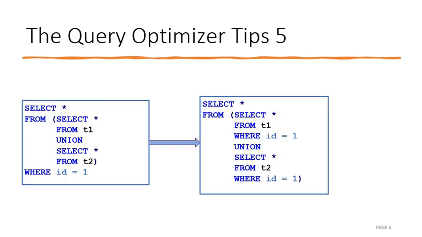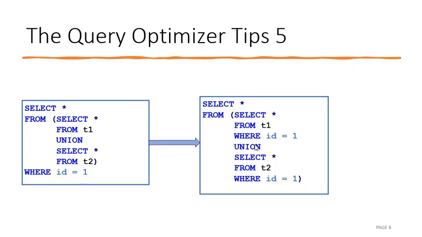So let's see how we can do this. We can use a different way: select star from T1 in the union all, and we will add a where condition. Because in the first select statement we are fetching all the records from T1 and T2, and then later on we are adding a condition that we need data for ID equal to 1 only.